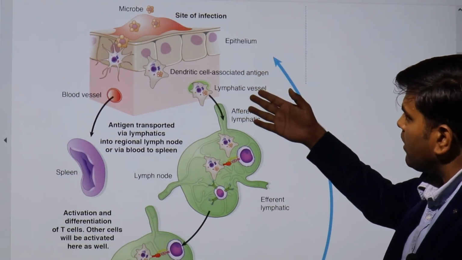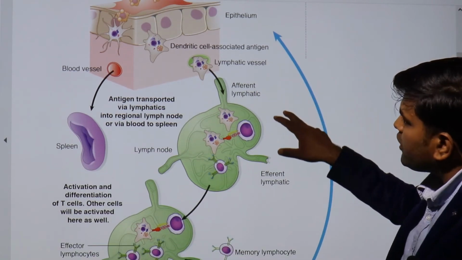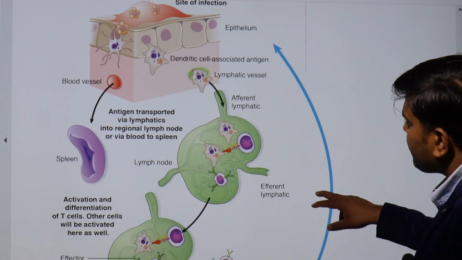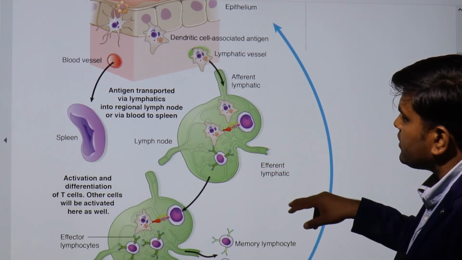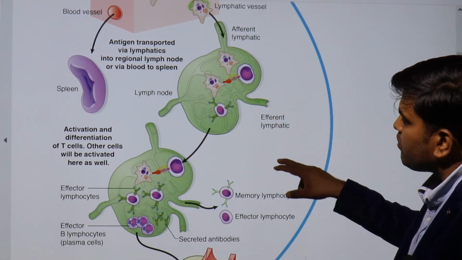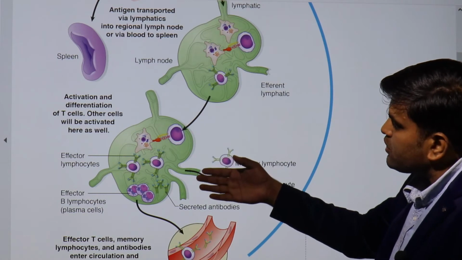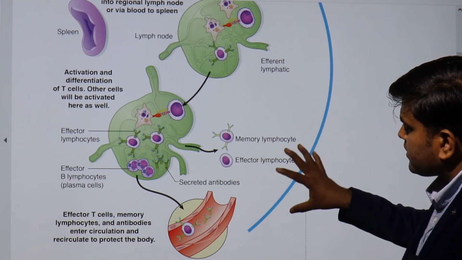The antigen presenting cell will be drained, and will process and present that antigen to the local regional lymph node, in the paracortex region where the T cells are. This T cell will be activated and will activate the B cell, and the B cell will convert into the plasma cell and form antibody.